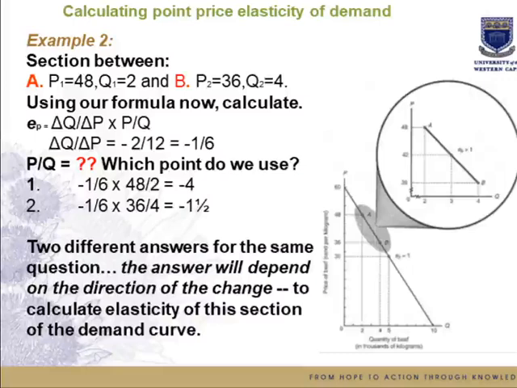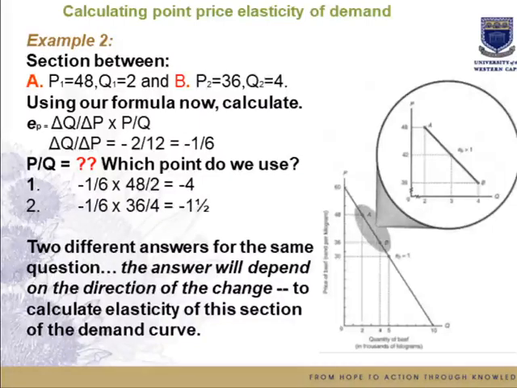The inverse of the slope in this example is equal to -1/6, which is found by dividing -2 by 12. Remember, this value remains constant along the curve. However, in terms of the price to quantity demanded, which point should we consider?